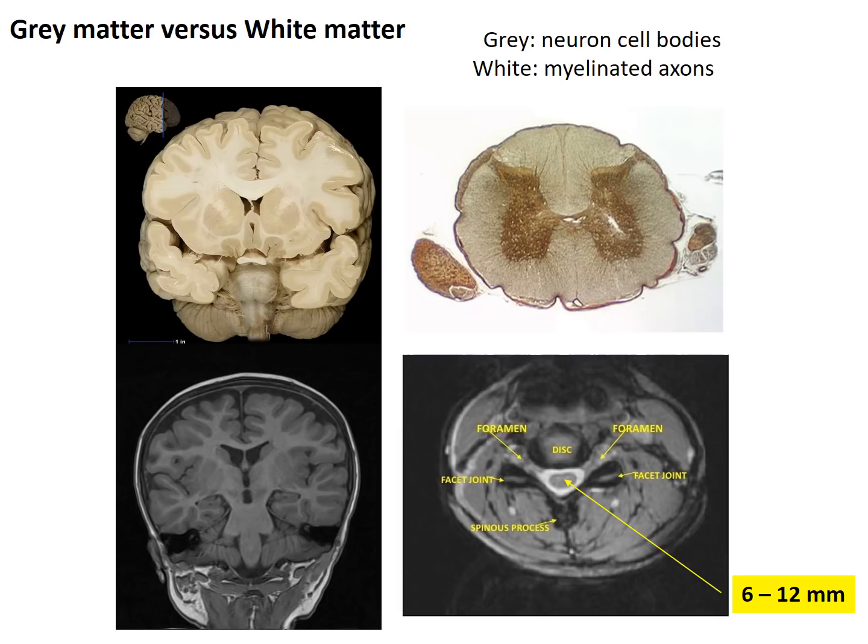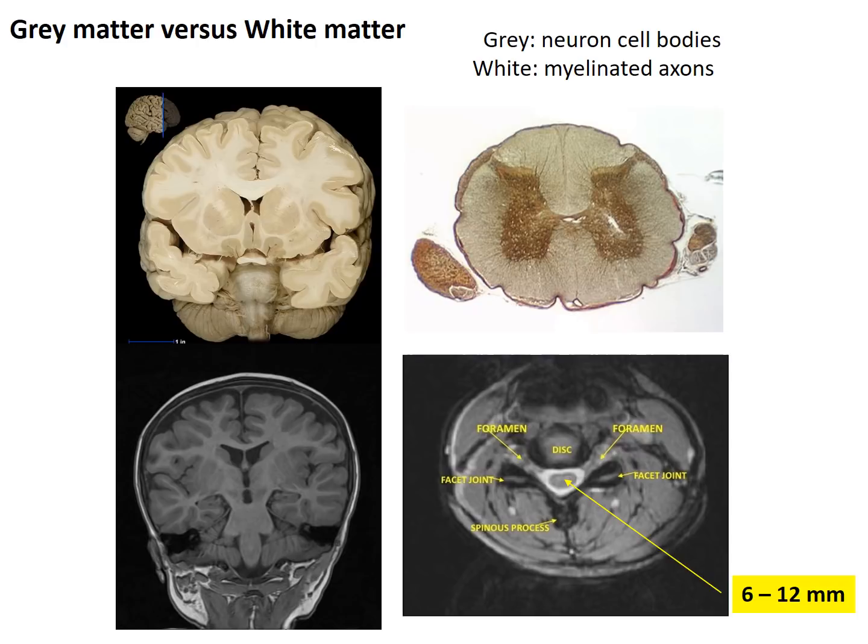And here you can see a differentiation of gray matter versus white matter in the brain and in the spinal cord. White matter, the area of white matter is myelinated axons, and the areas of gray matter are primarily the cell bodies and dendrites of the neuron.